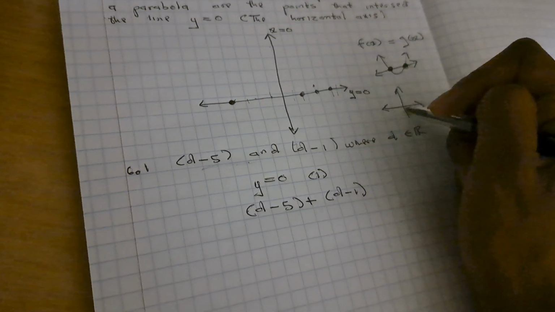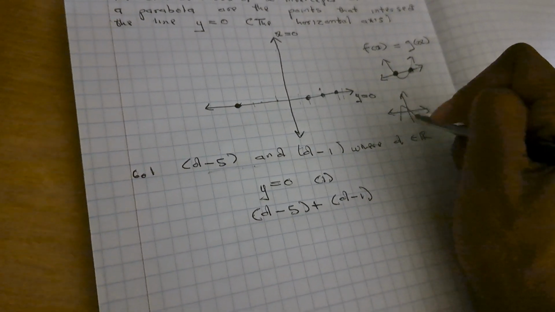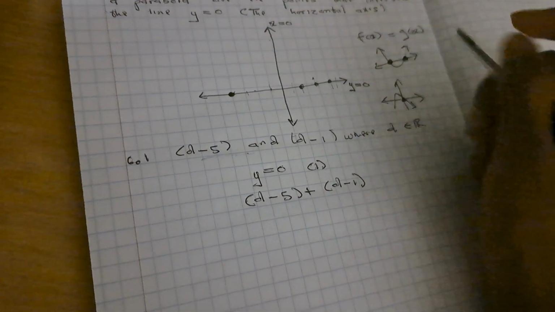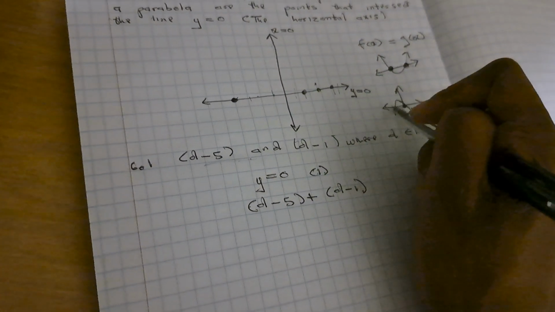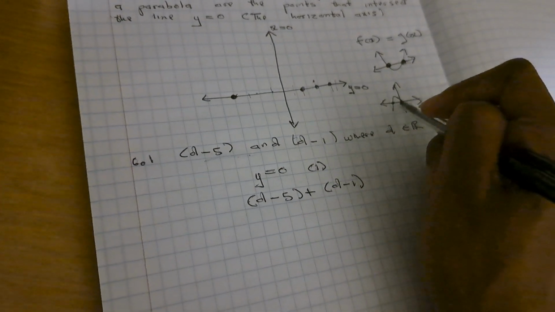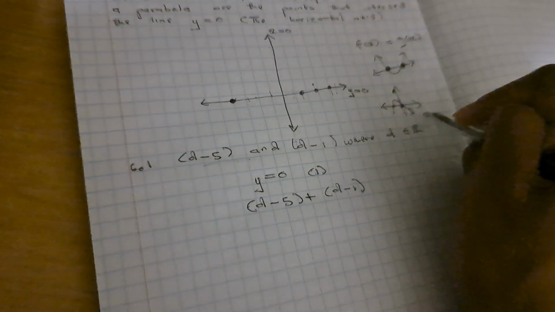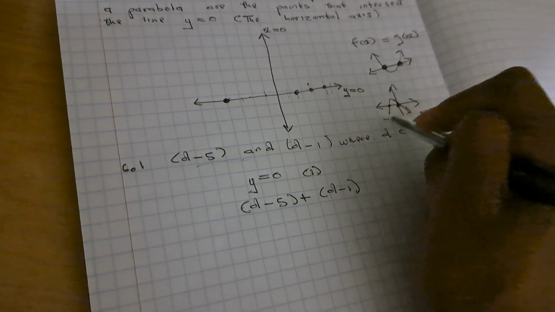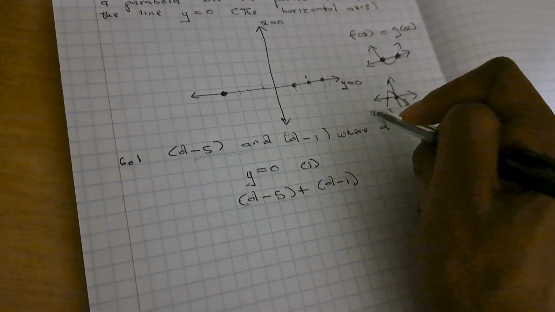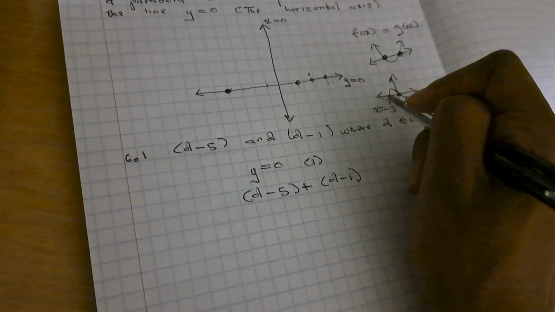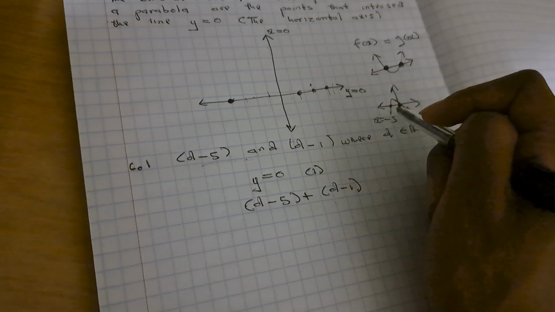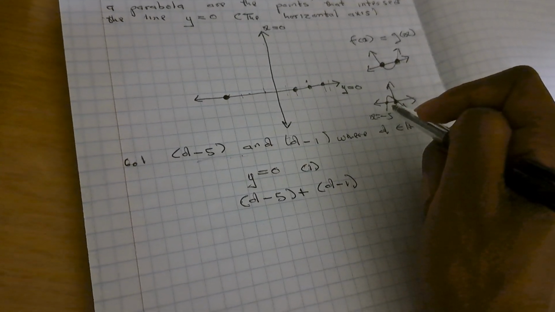It could have an x value at the origin, and also an x value which is negative, equal to negative 5, somewhere right there. So that's why we cannot say d minus 5 is equal to d minus 1.